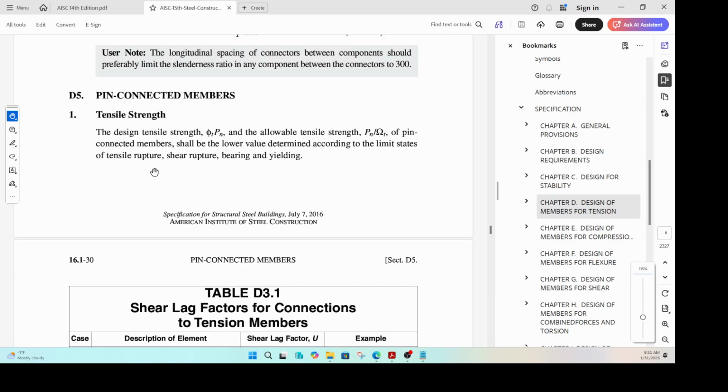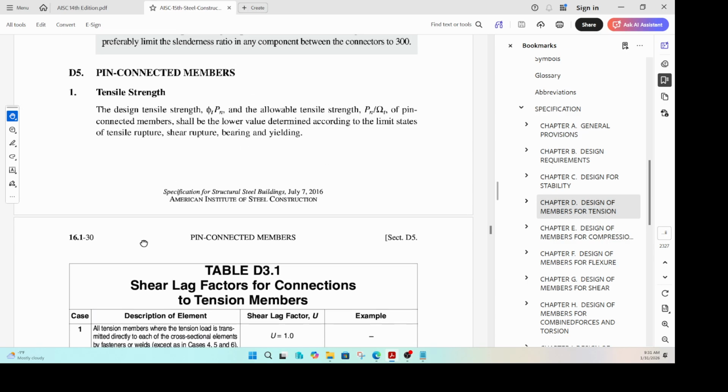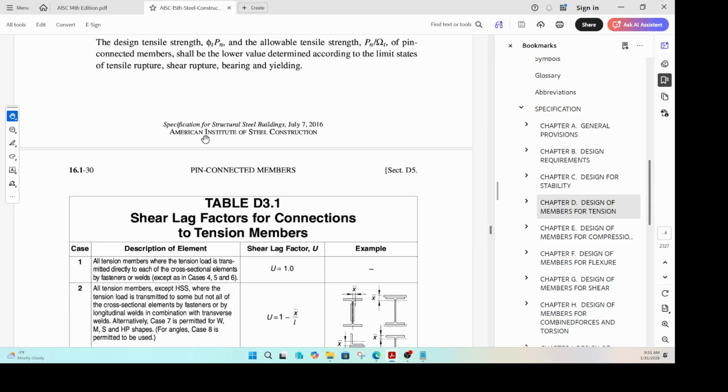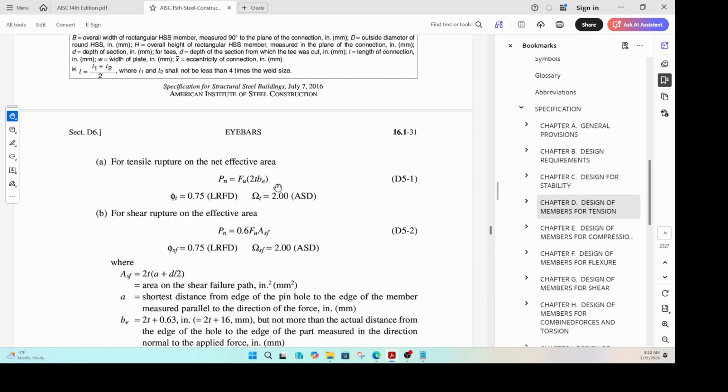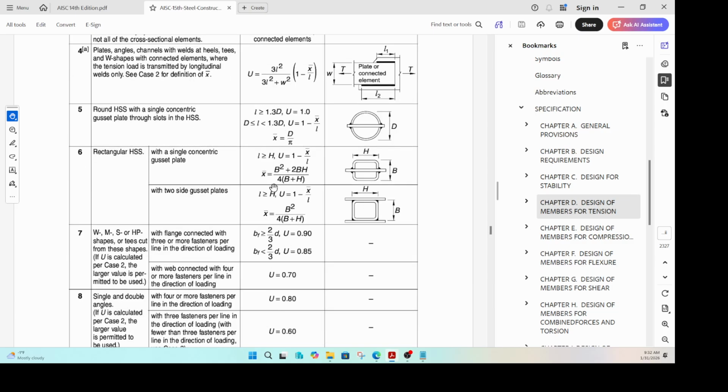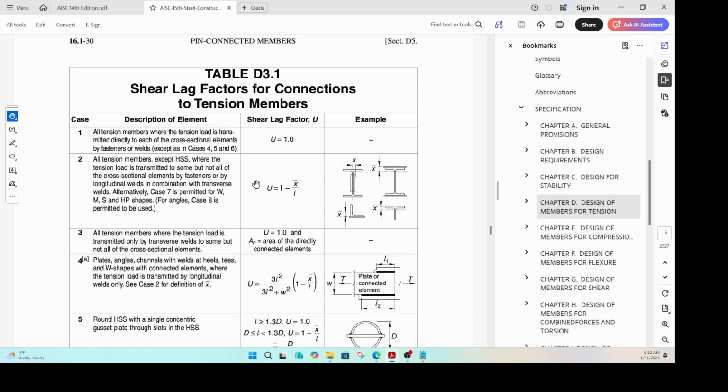We'll talk about pin connected sections and then get into problems. Okay, so pin connected sections, again pretty straightforward, nothing there. If we visualize this particular picture, then you can see what's happening. Okay, so pin connected structure.